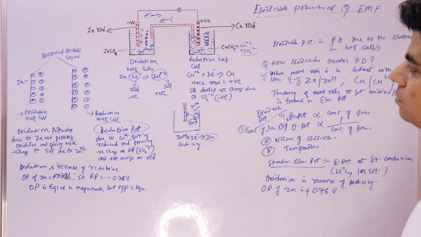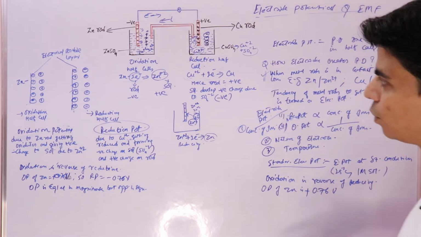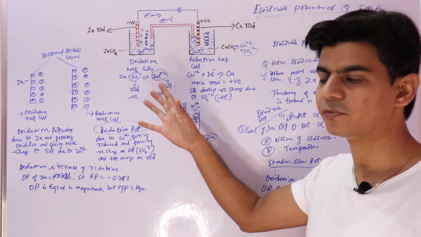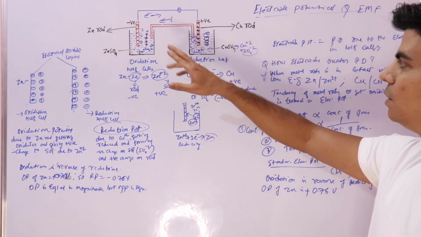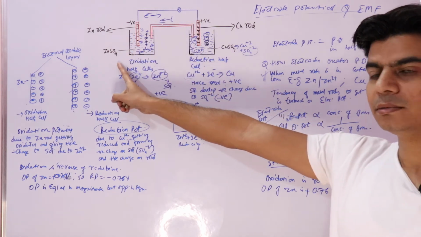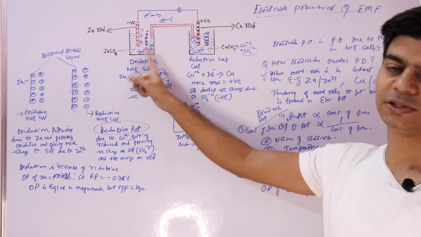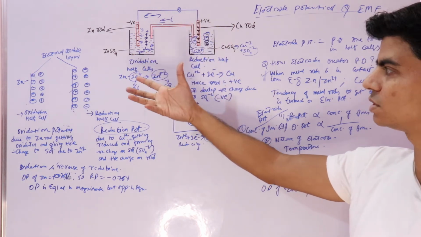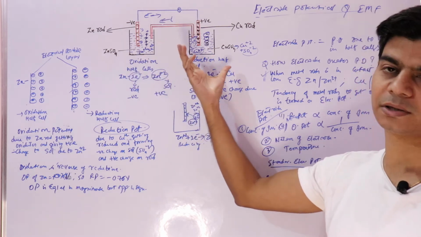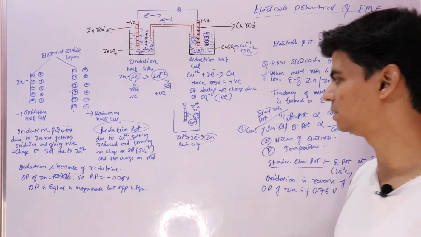So if we want to calculate mathematically the EMF of this cell, we know that EMF of this cell is due to oxidation and reduction occurring in these two half cells, that is due to the redox reaction, and redox reaction is nothing but oxidation and reduction that is taking place simultaneously.